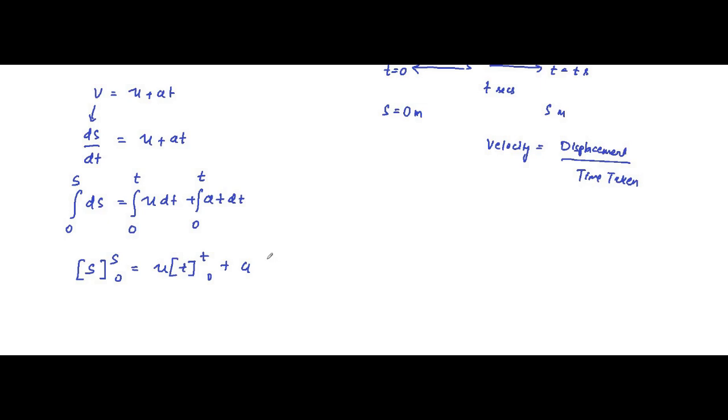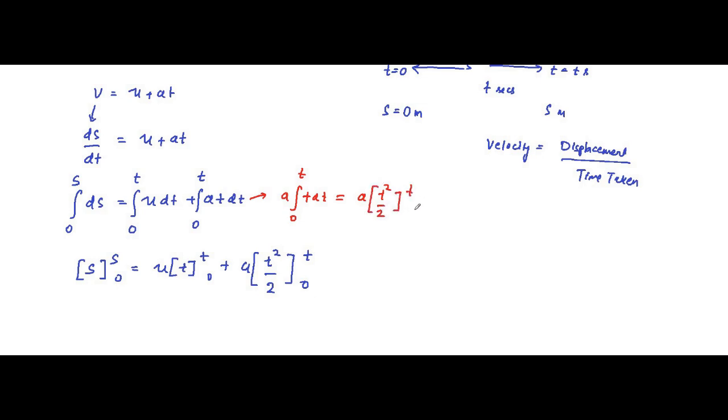Integration of t dt is t square by 2. So it is a integration of t dt from 0 to t, which is equal to a t square by 2.